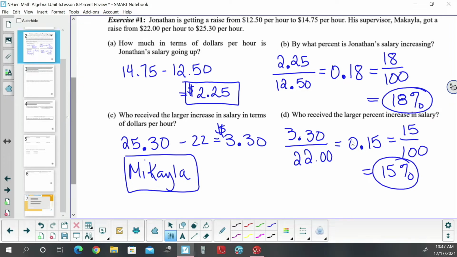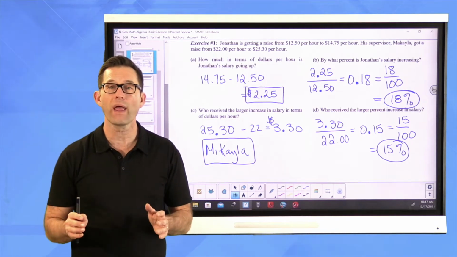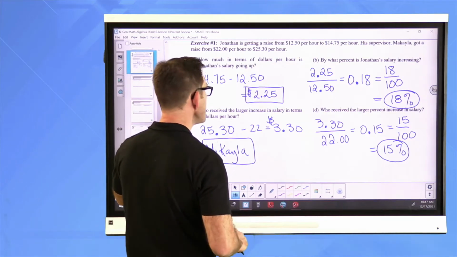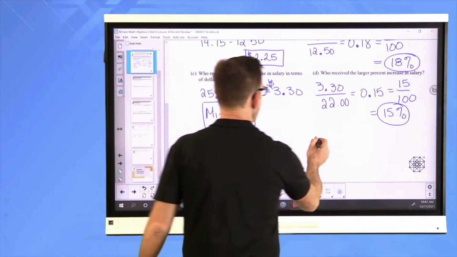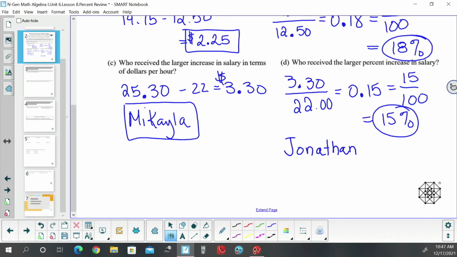So even though Michaela got the overall larger raise, Jonathan got the larger raise in terms of percent. He got an 18% raise, Michaela got a 15%. So Jonathan got the larger percent raise. Now, you might say, well, you can't buy bread with a percent, and that's true, right?